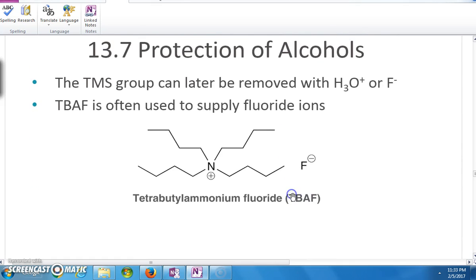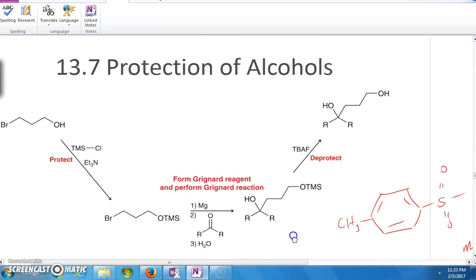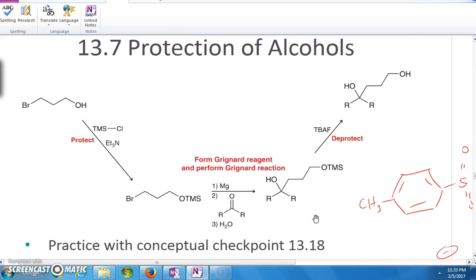So TMS can later be removed by either acid or TBAF, tetrabutylammonium fluoride, which supplies the fluoride ions. So for protection of alcohol, you can see here, the OH group is protected using trimethylsilyl chloride in the presence of base.